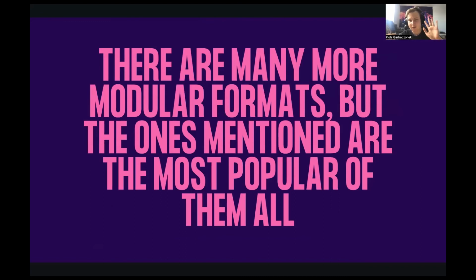Eurorack is by far the most popular, but if you've done proper research and know what you want as a musician and as a, you know, sonic discoverer, those formats that I've mentioned are also relatively harder to get into, but still relatively possible because most other ones are usually custom order.